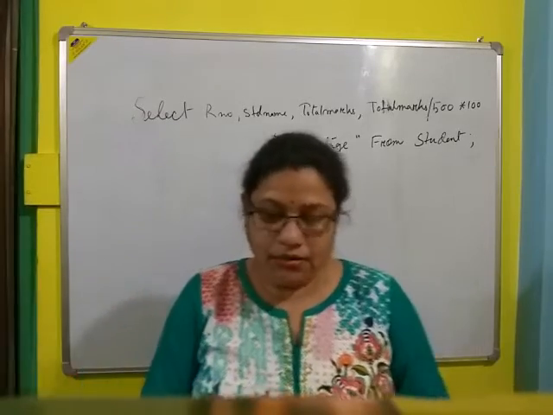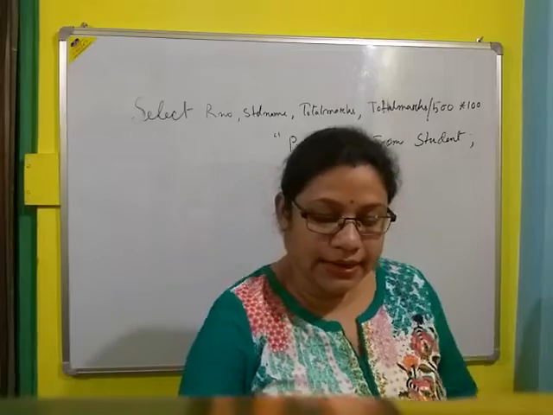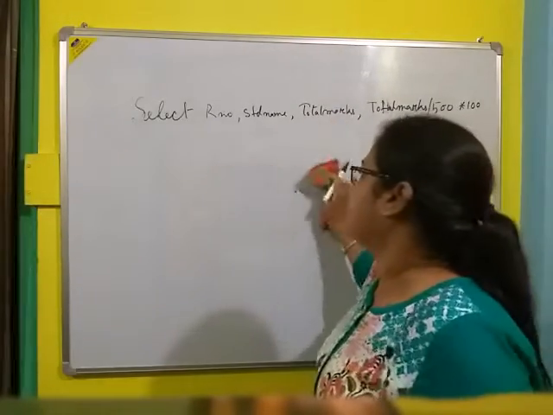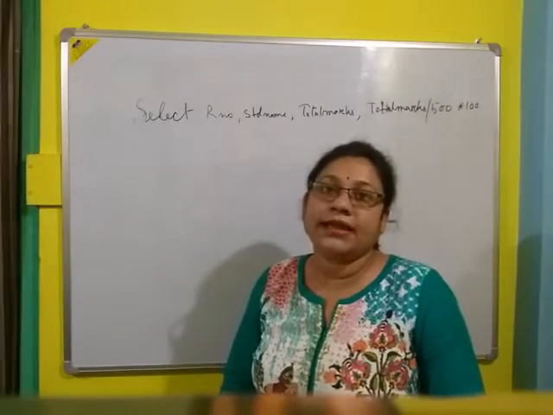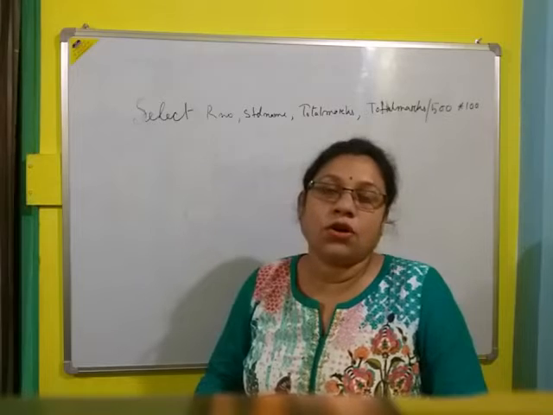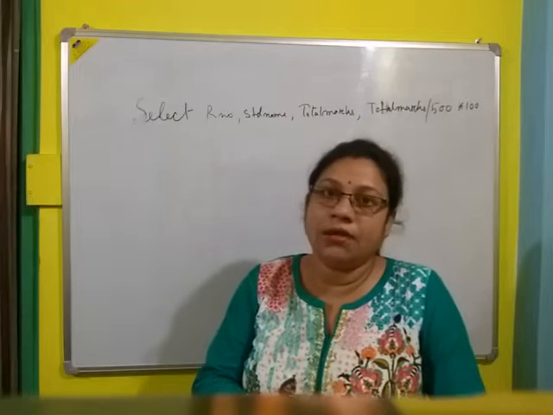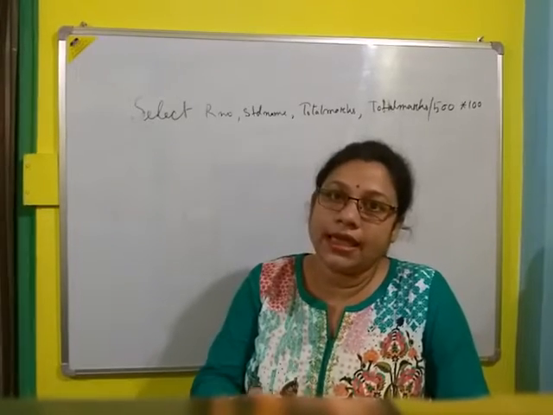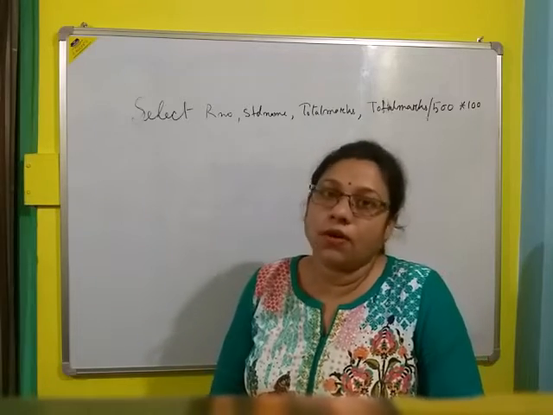Okay. Now there are some rules for creating alias. Number 1 is the word AS is optional. That means when you create the alias column for a table, before the new column name, that is the alias name, you can use the AS word before it, but it is optional.